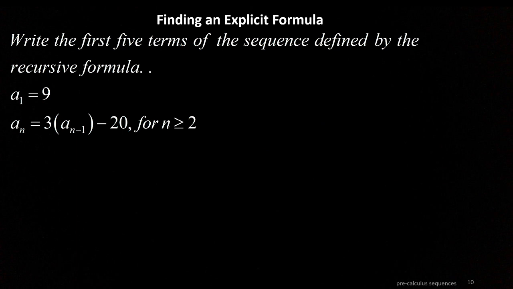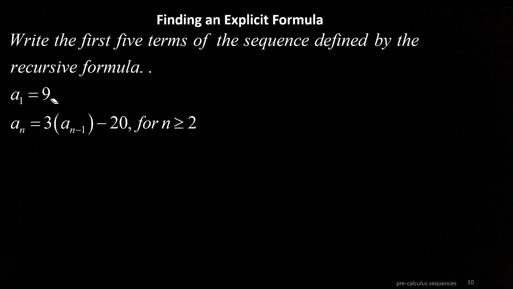Write the first 5 terms of the sequence defined by the recursive formula. So we got a recursive formula. When we have a recursive formula, we have to be given A1 because we build the rest of them based on that, right? In the previous example, we had A1 and A2. So here we have to have A1.